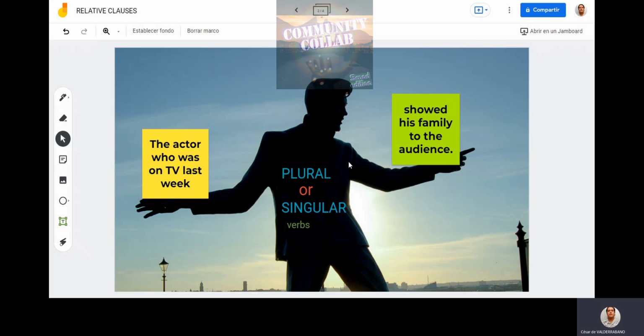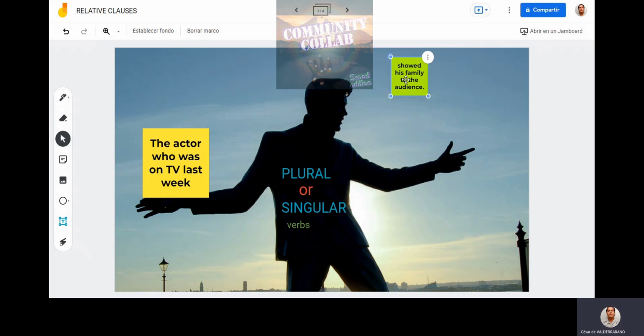So if we want to know if a sentence or a relative clause is using a plural or singular verb, we need to use a sentence that describes a general fact or something that describes a routine or a habit. So I'm going to change this. Okay, I'm going to put it on the side because it doesn't really apply for this topic.